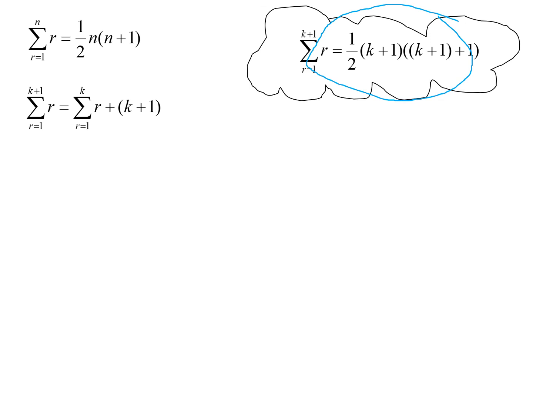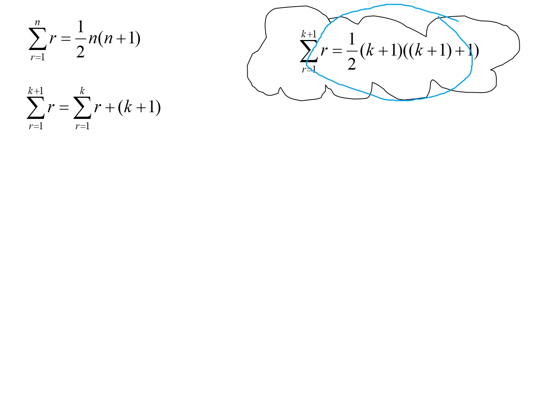For example, the total sum of 6 terms is equivalent to the sum of the first 5 terms plus the 6th term. That's what we are doing here. So we are representing the 6 terms as k plus 1 and the 5 terms as k.